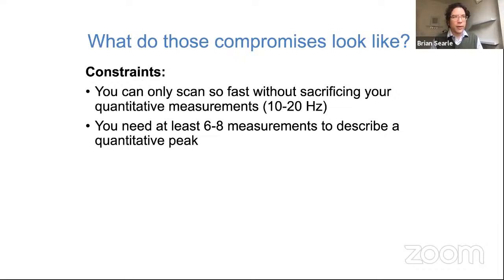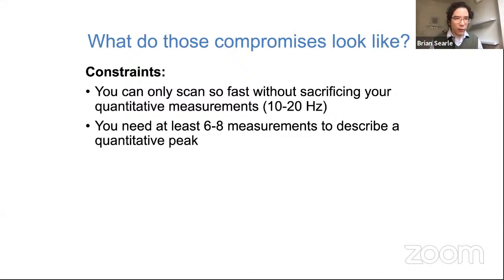So there are some compromises that we're trying to deal with, and one of them is the fact that each of these peptides elutes over 25 seconds or so. And so the instrument can only scan so fast without sacrificing those types of measurements. First, we need to be able to collect good MS2s. And good MS2s take about 10 to 20 hertz on Orbitraps.